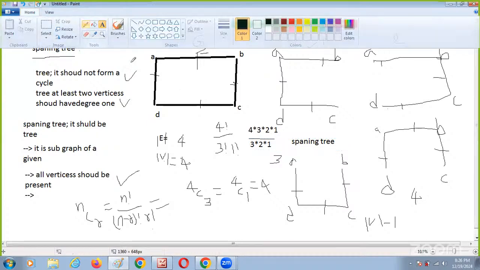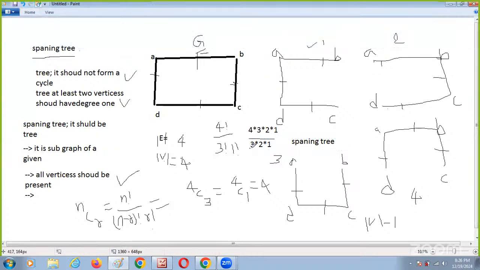So like this you have to solve. This 3 cancels and this 3 to 1 cancel. Answer is 4. That's why we got 4 different spanning trees.